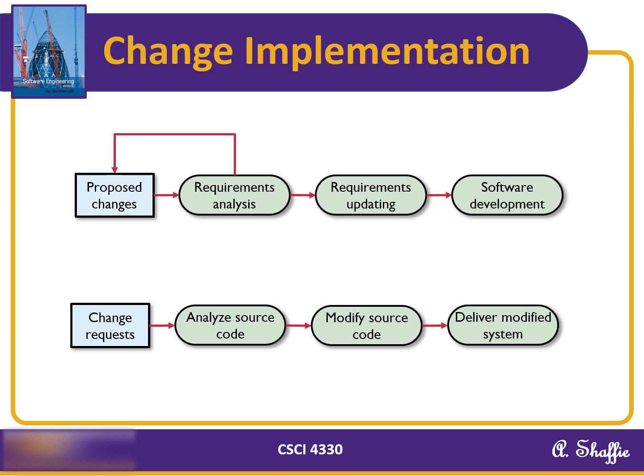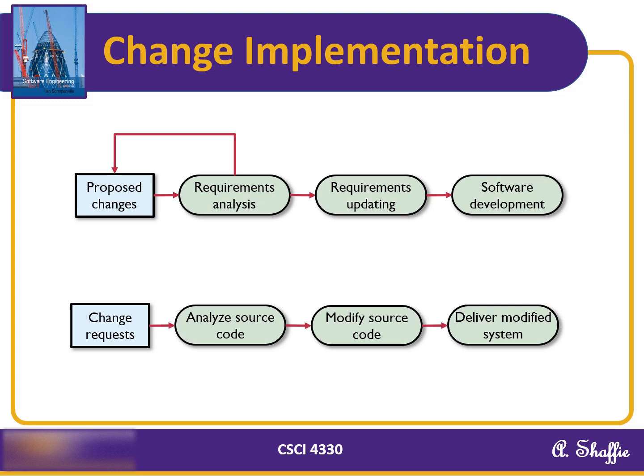Examples of emergency repairs include fixing a serious system bug that is disrupting normal operations, addressing an unexpected effect caused by a change to the system environment, such as an operating system update, and responding rapidly to business changes, like releases of a competing product that require immediate action.